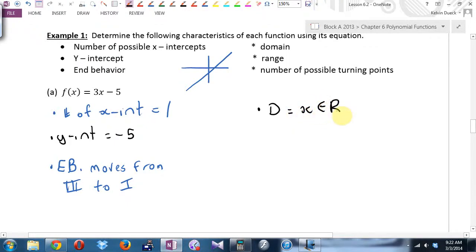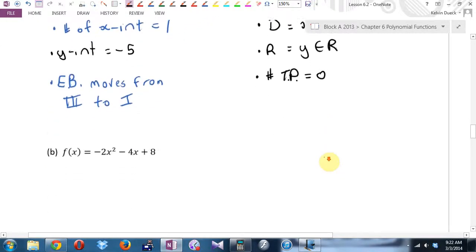All reals. What's the range? All reals. And what's the number of turning points? Number of possible turning points? None. That's a line. Let's try something a little more interesting.